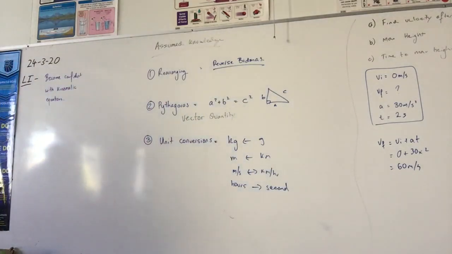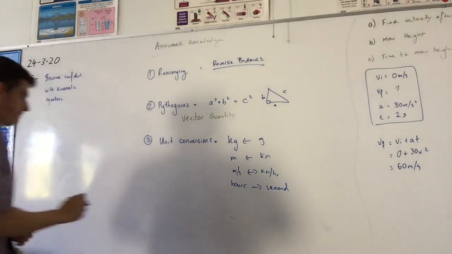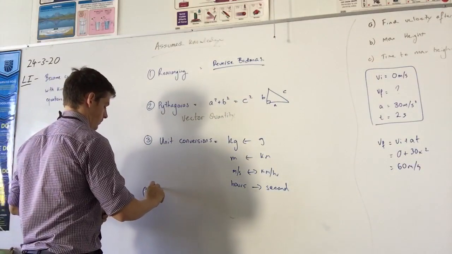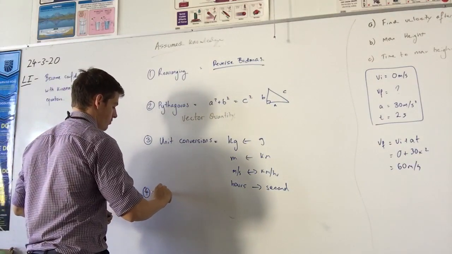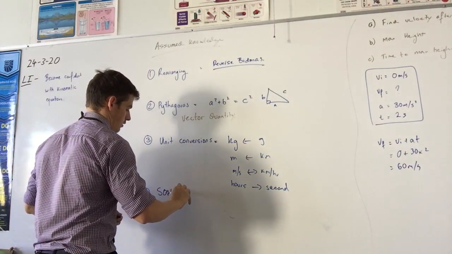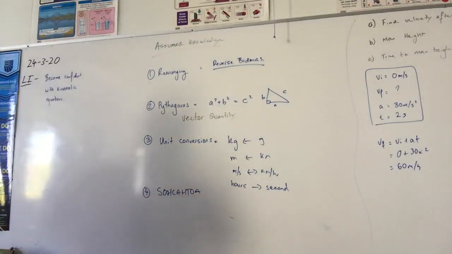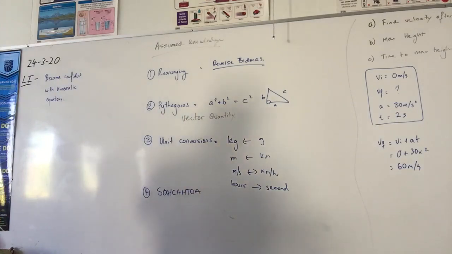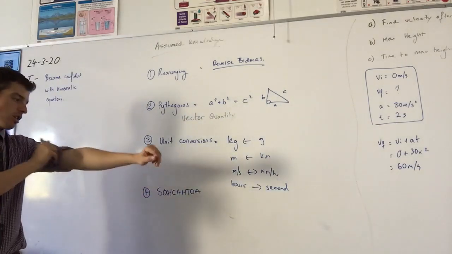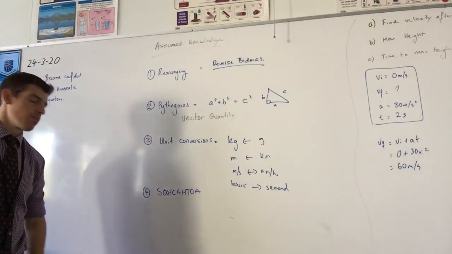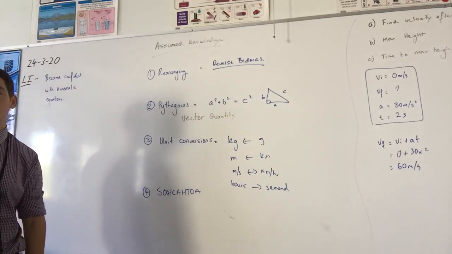Happy with that? Yep. Pythagoras, do you want us to know about SOHCAHTOA? It's called trigonometry, but I'm just going to write SOHCAHTOA. Yeah. SOHCAHTOA, you know what that means? That's expected. Okay, I'm not going to write out what all of those mean, but opposite over hypotenuse, adjacent over hypotenuse, and opposite over adjacent.